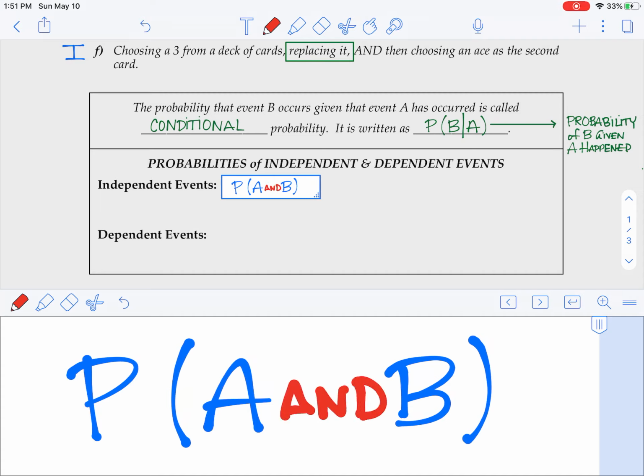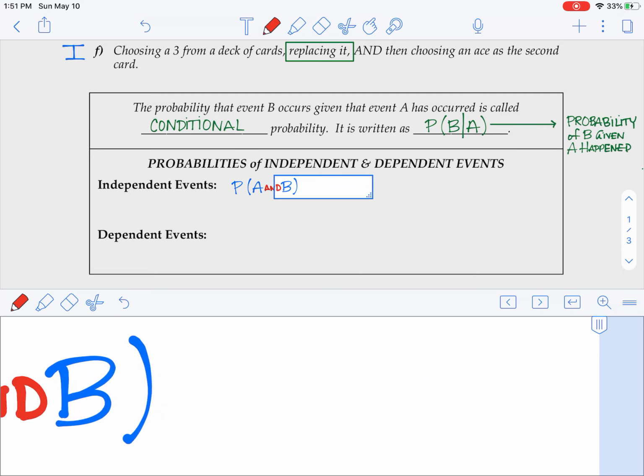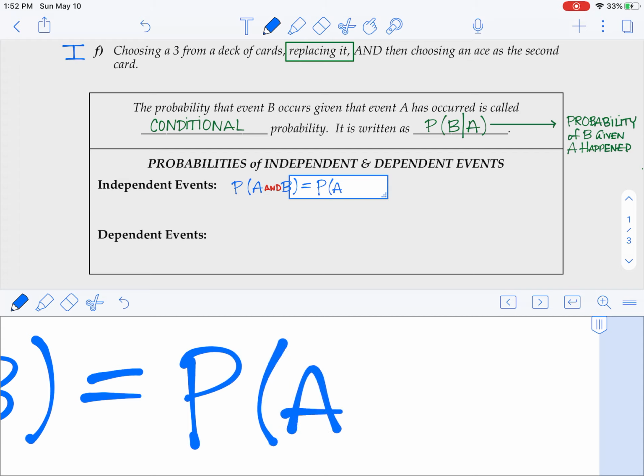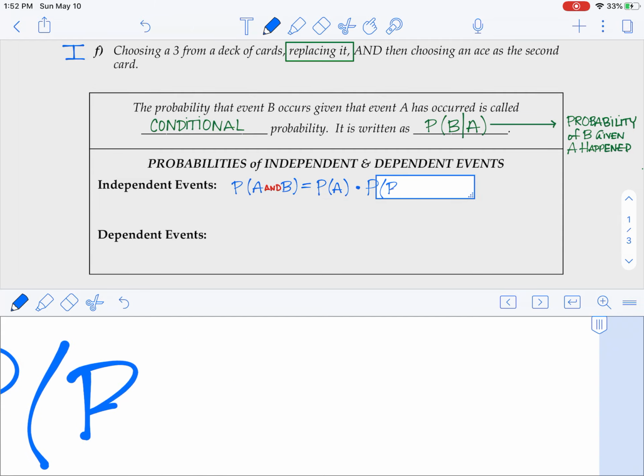So I want to know the probability that event A happens and then event B occurs right after that. If they are independent of each other, you will find this probability by taking the first event's probability and multiplying it by the probability of the second event.